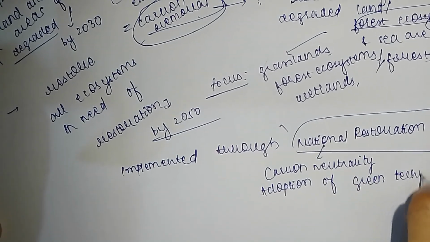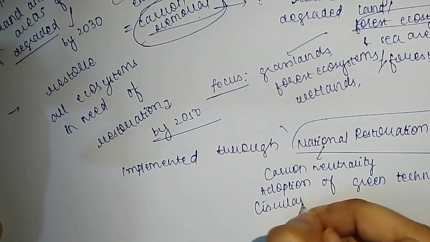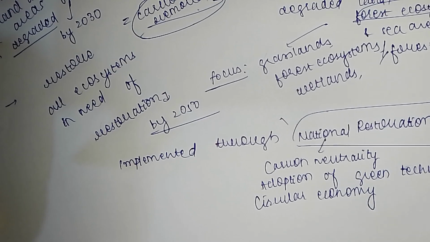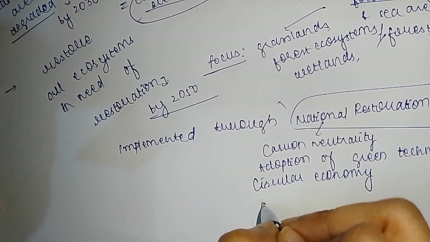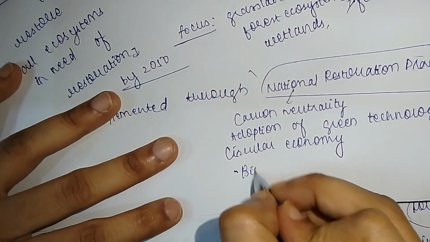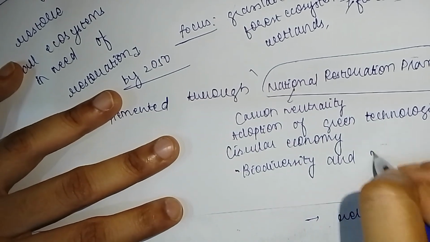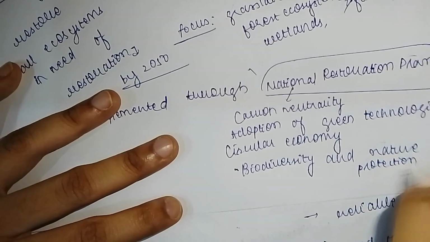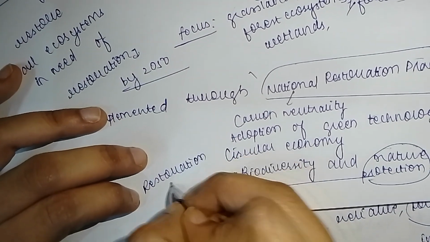Adoption of green technologies and focus on circular economy. And they also focus on sustainable agriculture, forest management methods, and biodiversity and nature protection. So when you say nature protection, it means restoration of ecosystems.